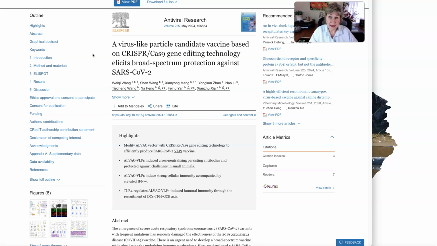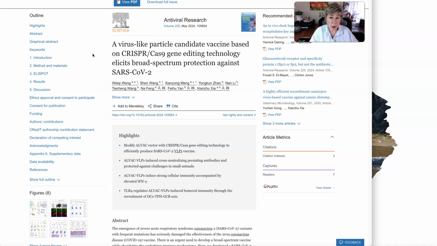So they have made a fake little virus, a virus-like particle, to be used as a vaccine, and they have done this by using a particular type of gene editing technology called CRISPR-Cas9. And does it give protection against SARS-CoV-2, the virus that causes COVID? Looks like it does from what the title says. So the title is a real good indication of what's in the article.